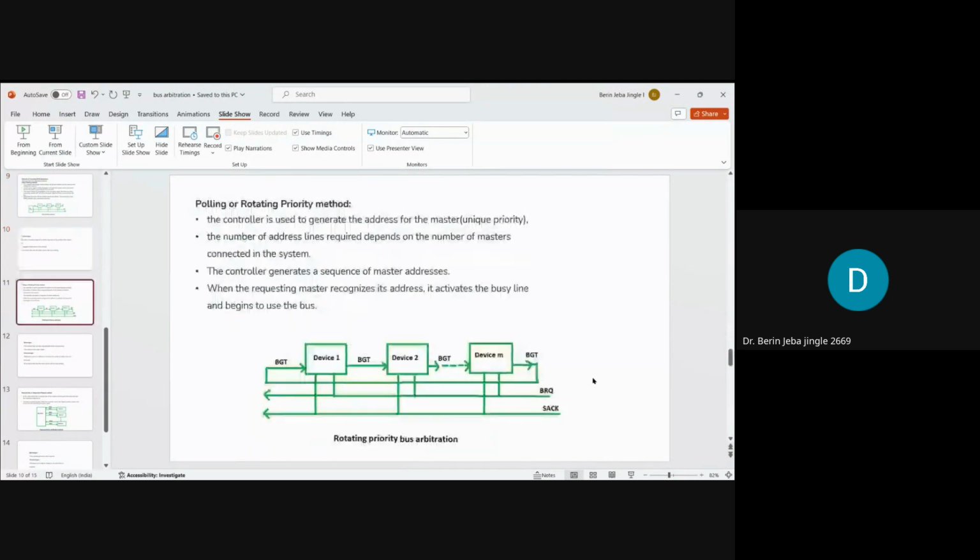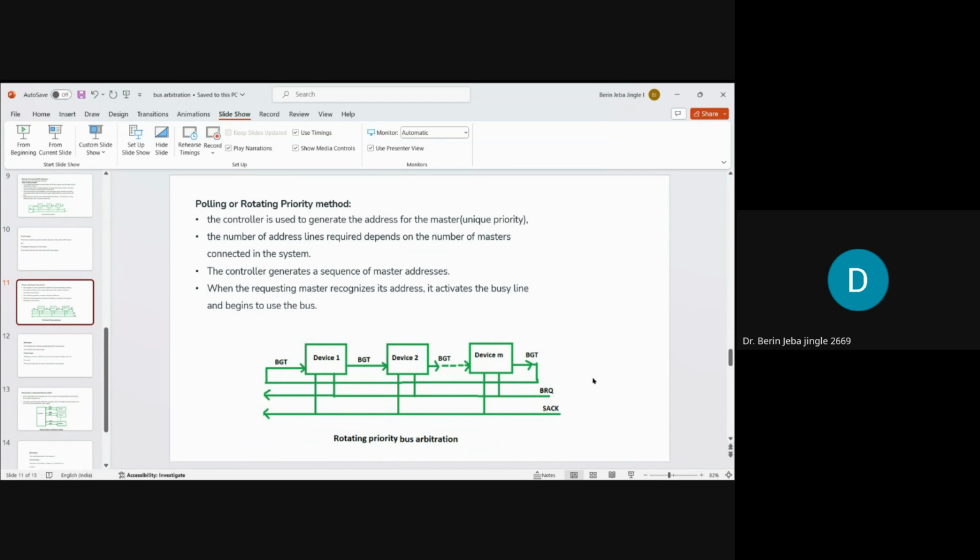The next one is the polling or rotating priority method. What does this mean? In the daisy chain, the bus master analyzes the requests and gives the bus to the device which sent the request first. But polling or rotating priority method means it analyzes the requests and gives the bus to the prioritized device first.